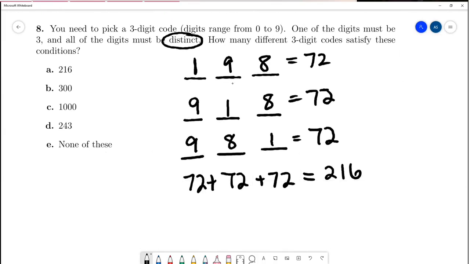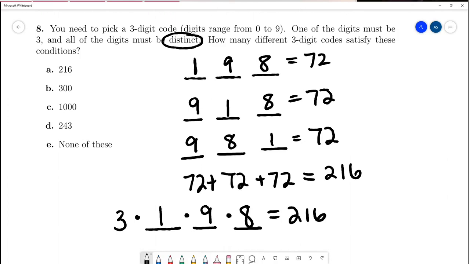You can say that I don't have any choice on one of the positions. I have 9 choices for the other position and 8 choices for the third position. And then I have 3 different positions for the 3. So that will also give you the 216.